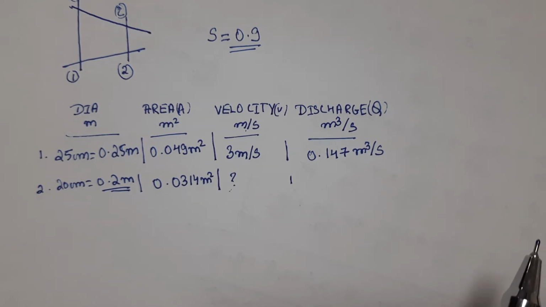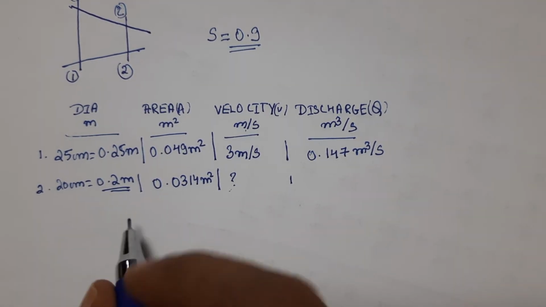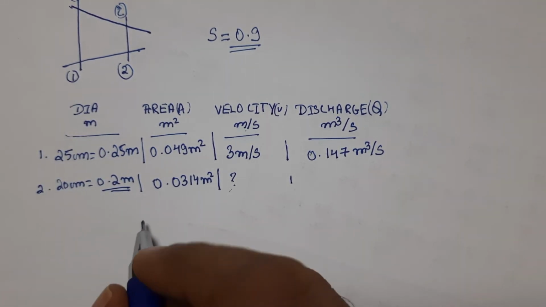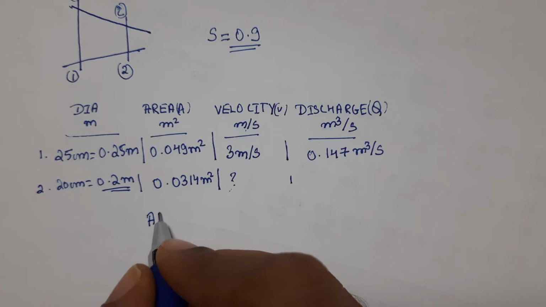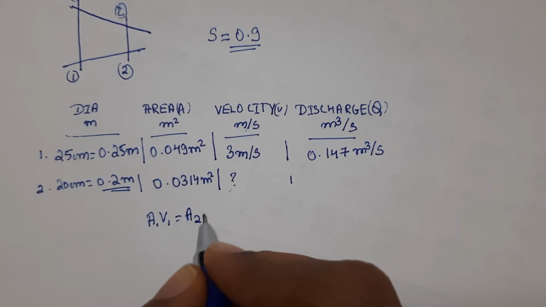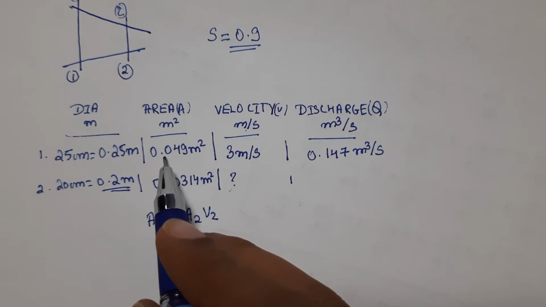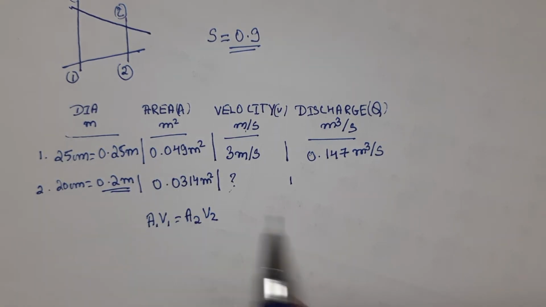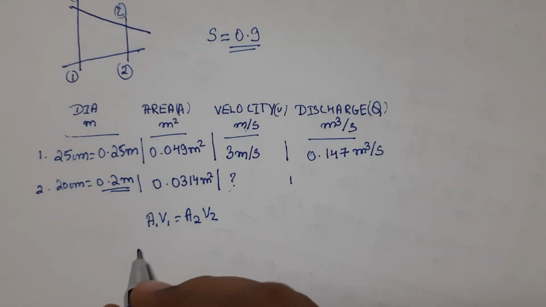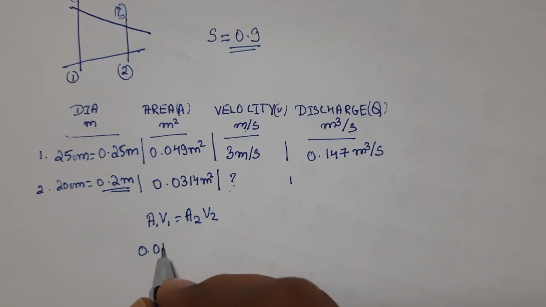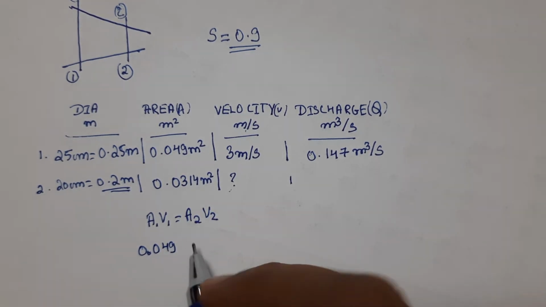Now by applying the continuity equation for sections 1 and 2, we get A1 V1 is equal to A2 V2. What is A1? A1 is nothing but 0.049, into V1, which is 3.